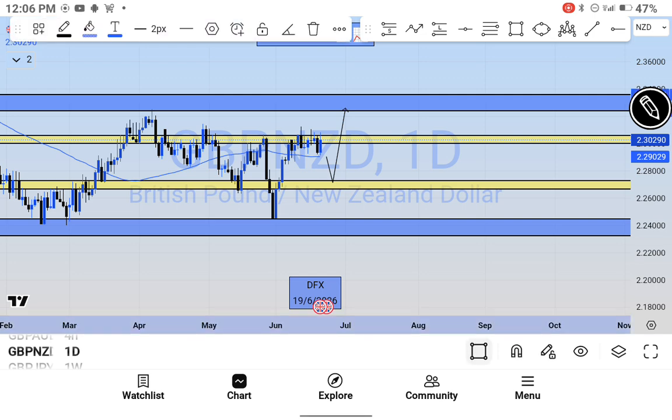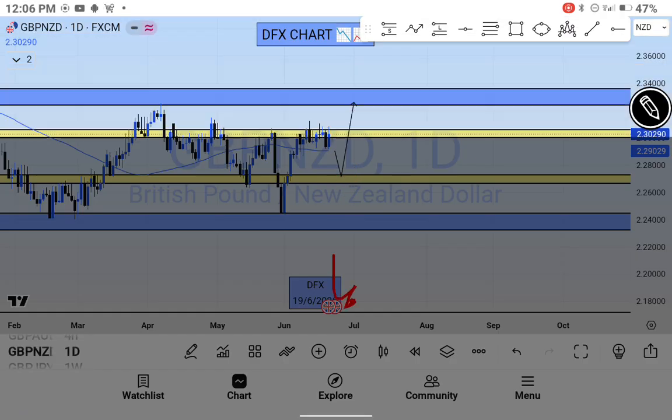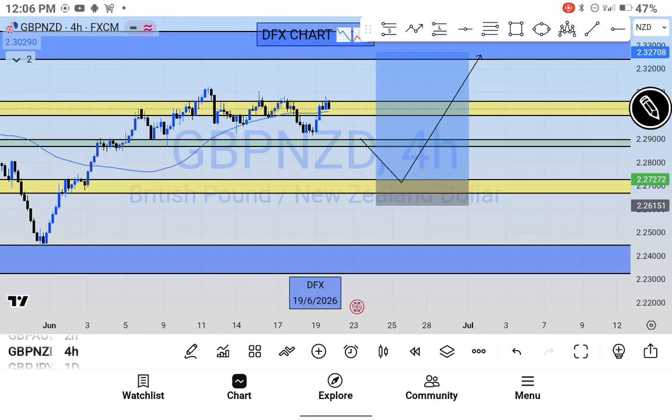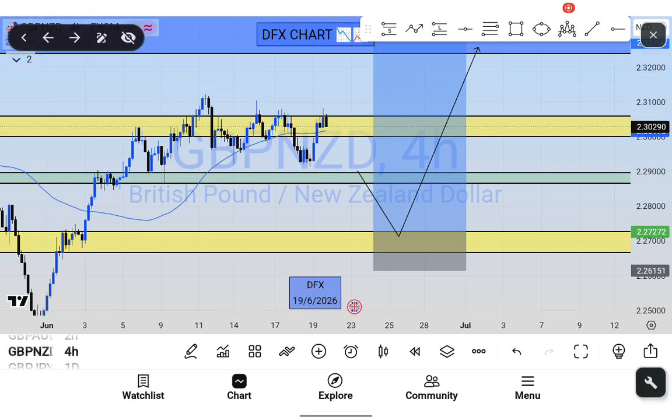We couldn't have a pullback to this point because the buying pressure was high. So the market refused to pull back to the daily zone for our entry. So still on that same bias, we still wait for the market to pull back to this point before we talk of buying.